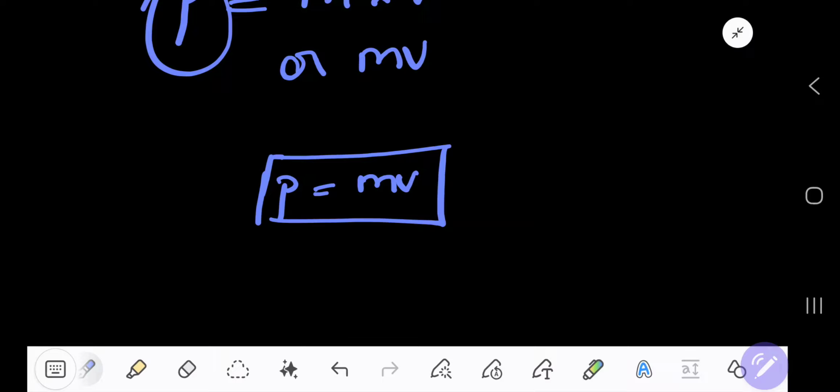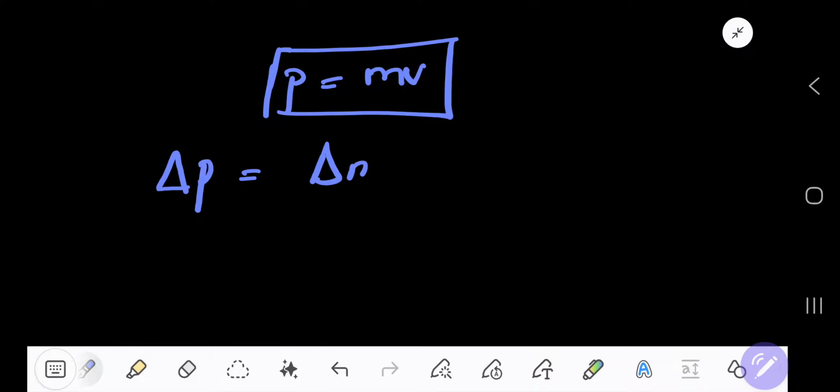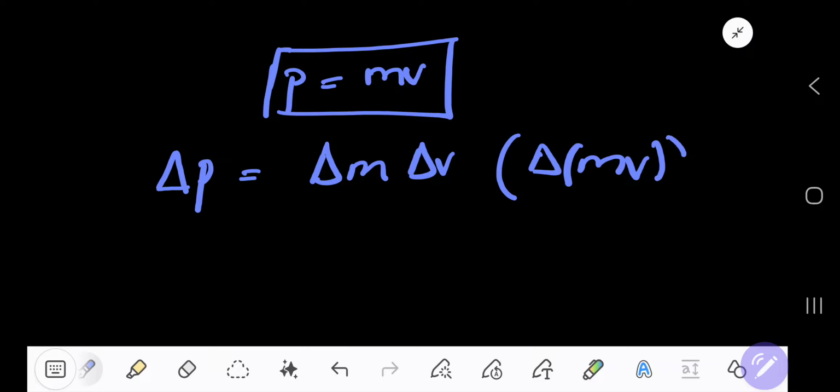Alright. As we know, the change in any value is represented by the Greek symbol delta. So the change in momentum would be equal to delta m delta v, or delta mv. Correct.